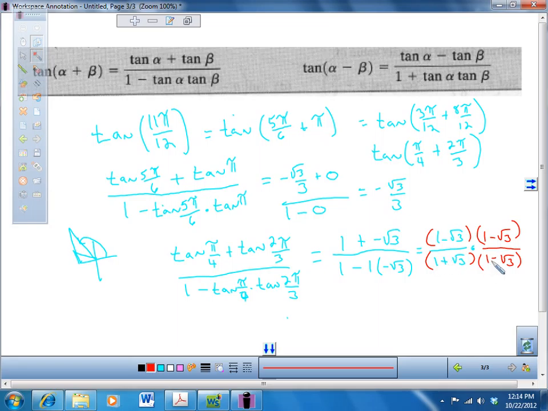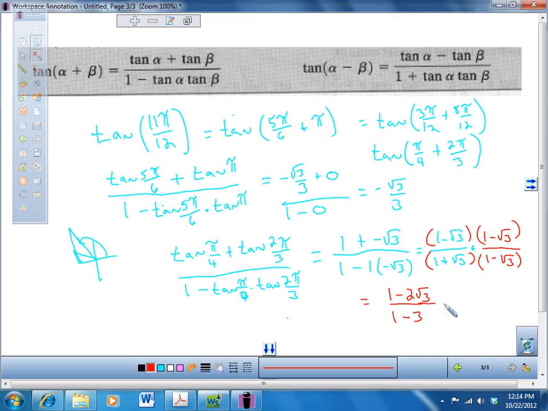And on the bottom, what's nice about that, I get 1 times 1, which is 1. And the plus root of 3 and the minus root of 3 disappear, right? What's root of 3 times root of 3? 3, so we get minus 3 on the bottom: 1 minus 3. On the top, you get 1 times 1, then minus root of 3 times plus root of 3 gives you minus 2 root of 3.